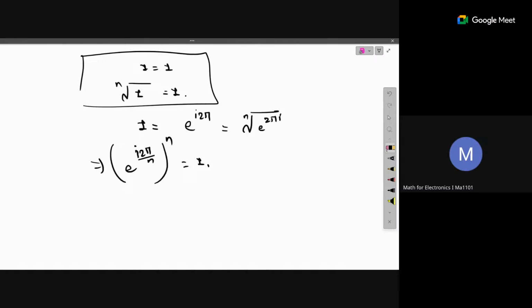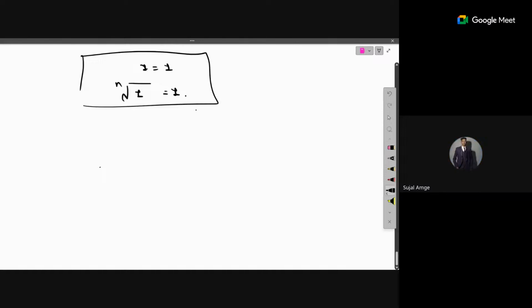Okay, I'll explain this again. We know that the nth root of 1 is 1. 1 we can write as e to the power 2 pi i, e to the power 2 into 2 pi i, and so on.